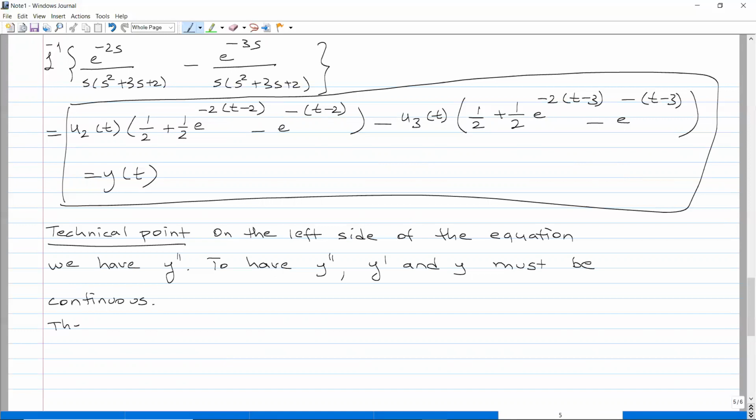The solution y above is continuous and differentiable. Its derivative y prime is also continuous.